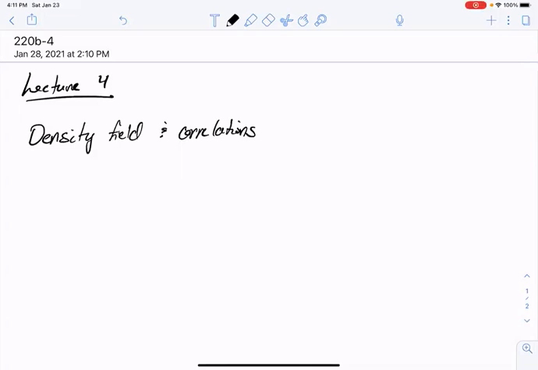Namely, we can think of a definition microscopically of the density of a solution at some point in space R as an indicator function that asks, at that point R, is there a particle?